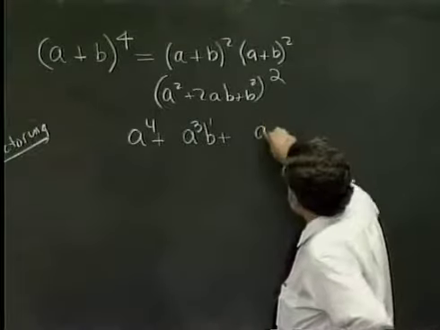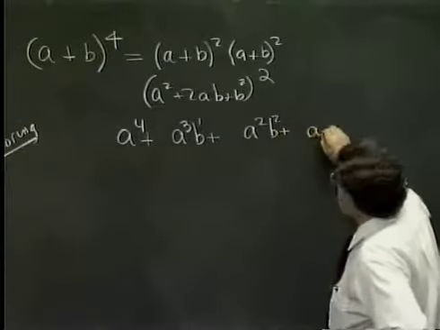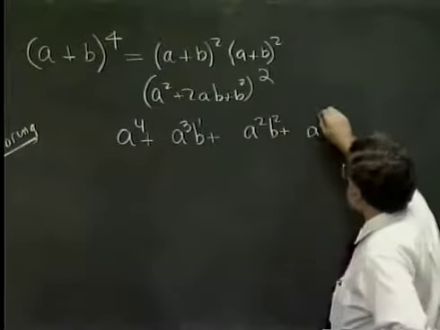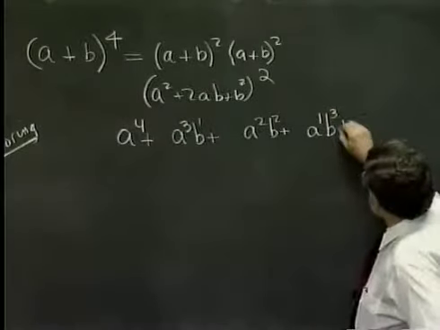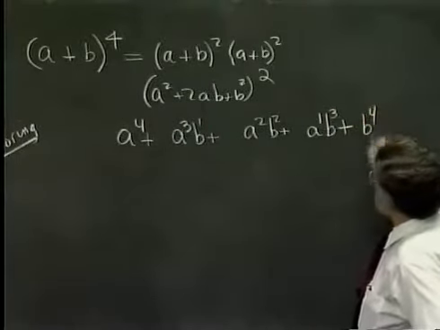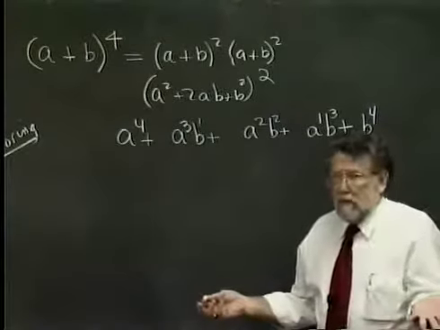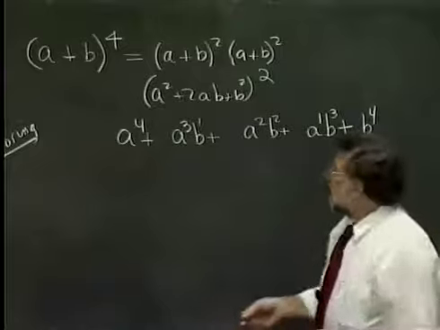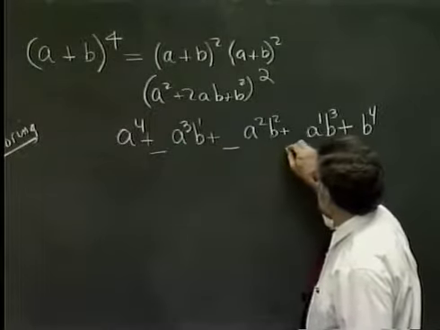So I have a to the second, b to the second, then the next one's going to be a to the first, which we oftentimes just write as a, but then b to the third, and then the last one is just b to the fourth. Now one of the nice things is you're going to have a 1a to the fourth and a 1b to the fourth, so you don't have to worry about that. So the only question involves the three spaces I have here.